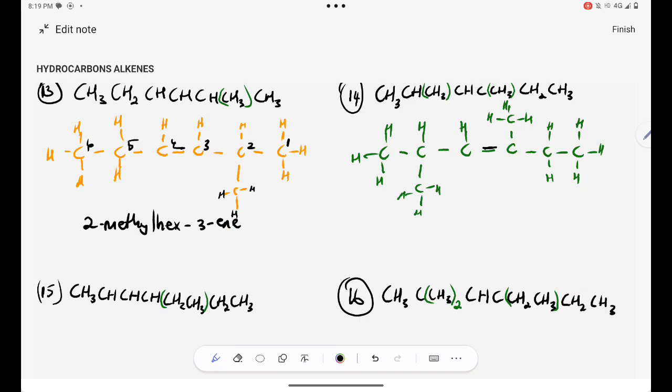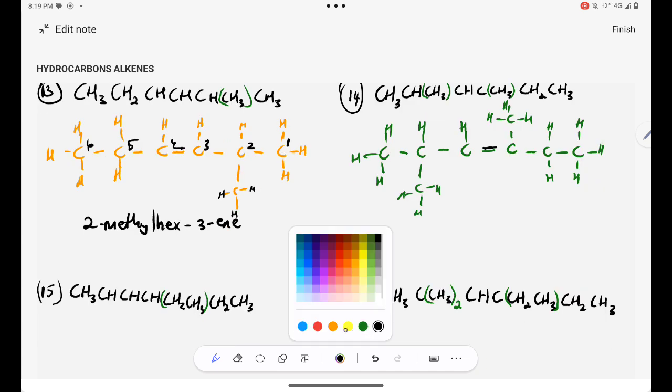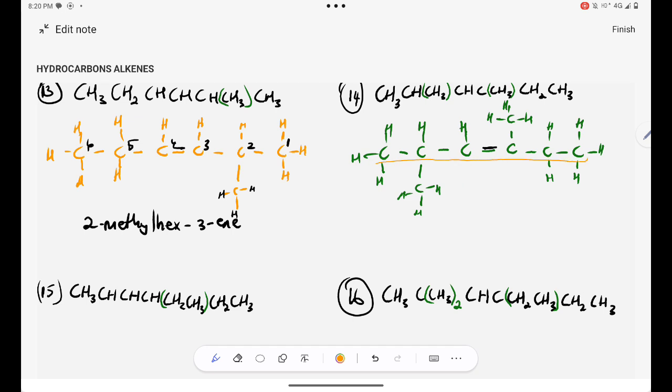So for the IUPAC name, remember that, guys, we must start numbering from the carbon which is closer to the double bond. So 1, 2, 3, 1, 2, 3. Either way, whether I start from the left or from the right, the double bond will be between carbon number 3 and 4. Are we together? If that's the case, we must start counting from the terminal which is closer to the side chain. So that will be carbon number 1, 2, 3, 4, 5, and 6.